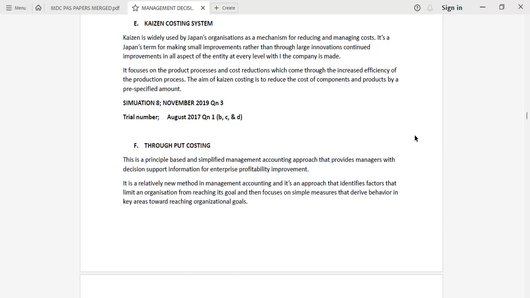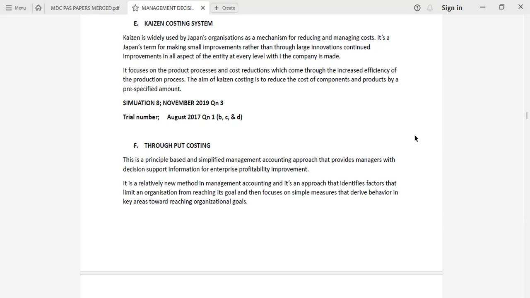We can improve on our production processes so that we can come up with better innovations, and these innovations are done on a small scale.